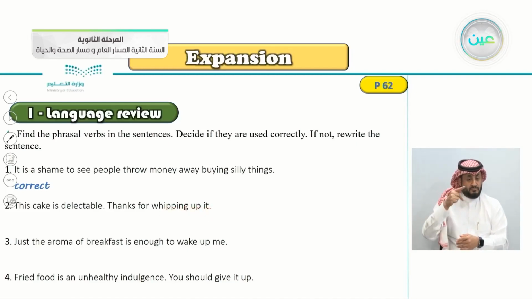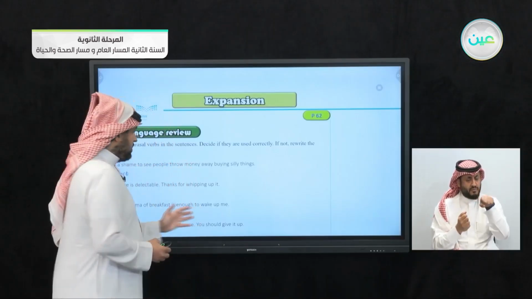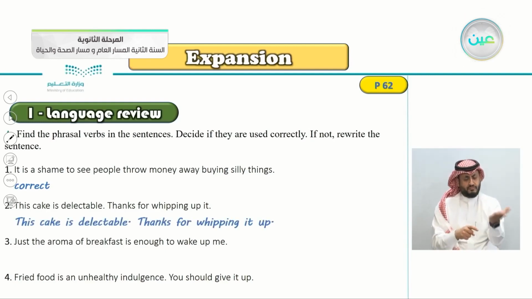So we have a 3-word phrasal verb. Is it correct or not? Yes, it's incorrect, and the correct way is to write it: thanks for whipping it up. We put the pronoun in the middle. This cake is delectable. Thanks for whipping it up.